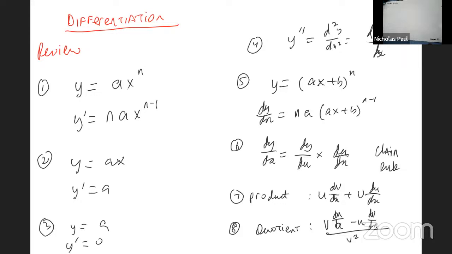Okay, that's just some of the rules that I need to remember from unit 1.